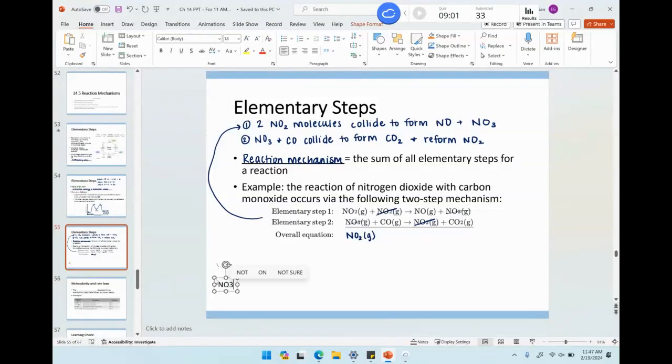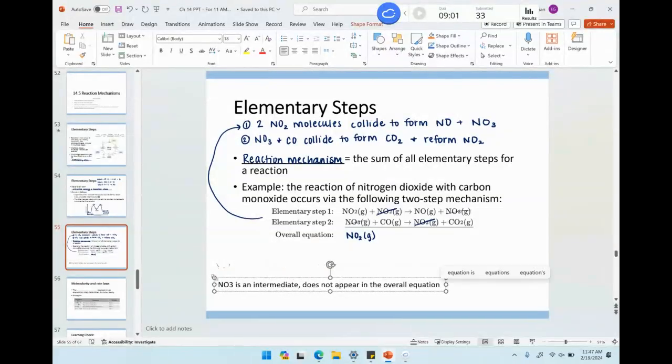All right, NO3 is an intermediate. It does not appear in the overall equation because it is consumed after it is produced.